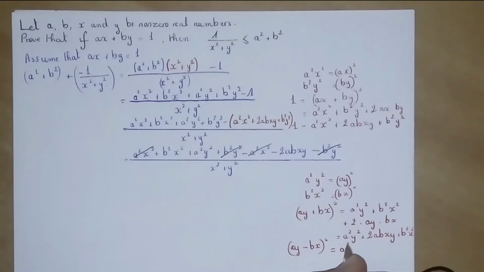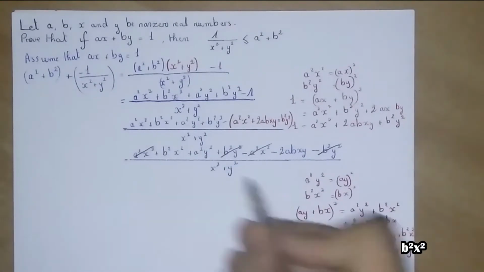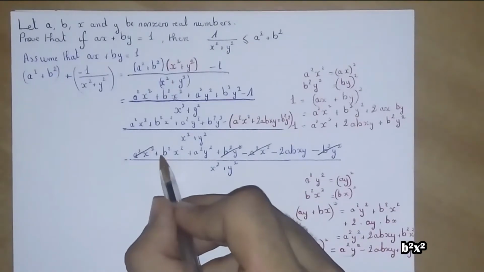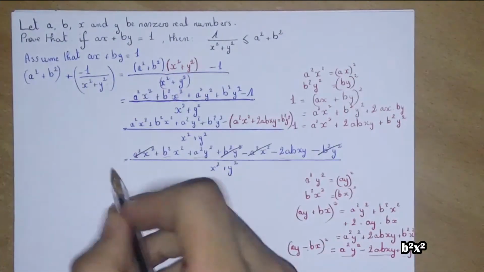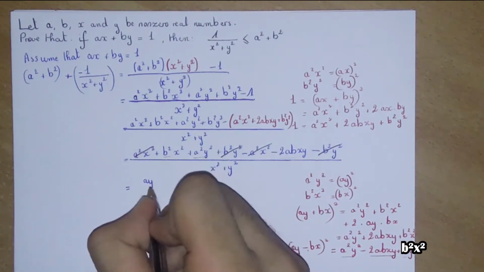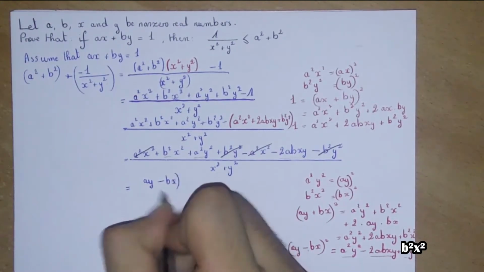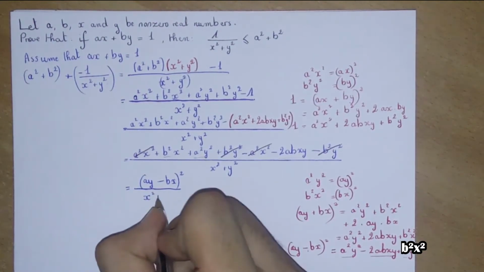So it will be a squared y squared minus 2abxy plus b squared x squared, which is exactly what I have in the numerator. Here is this term, here is this term, and here is this term. There are no other terms because they have all cancelled out. So I could actually say that this numerator is equal to ay minus bx all squared over x squared plus y squared.